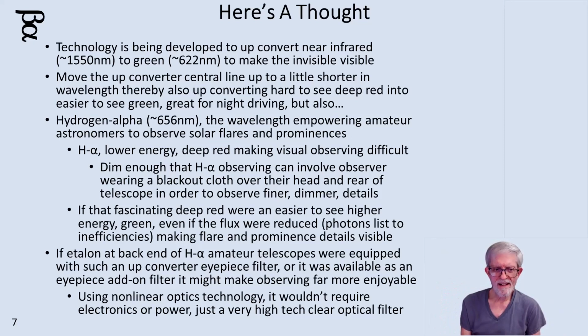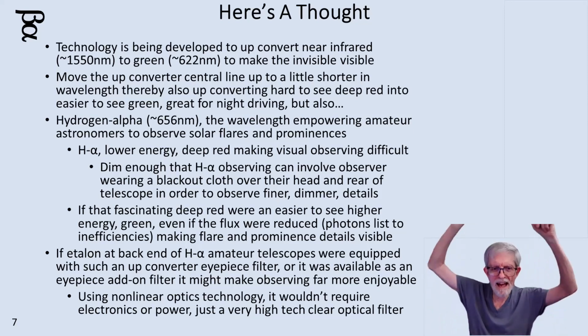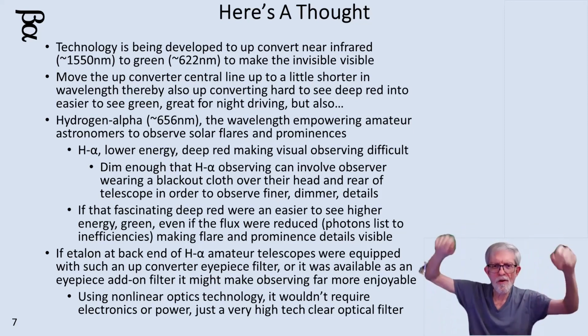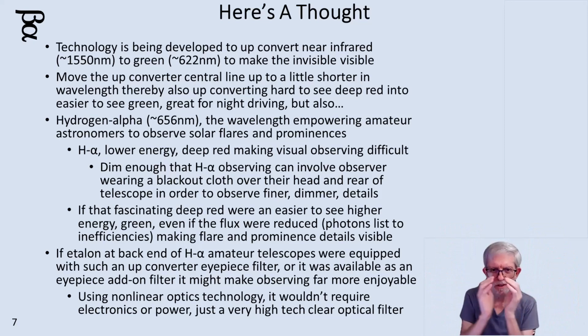If you had something that could take that very, very dark red and make it brighter green as a filter, you could add that to the back end of your hydrogen alpha telescope, and now you wouldn't have to put a blackout cloth over your head in the telescope in order to see the real dim, deep red features of the solar prominences and flares.